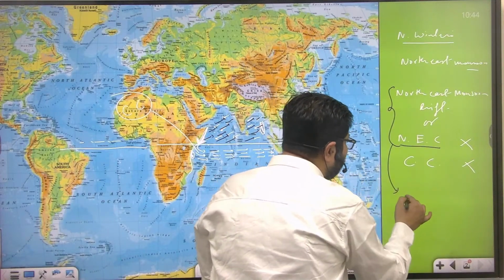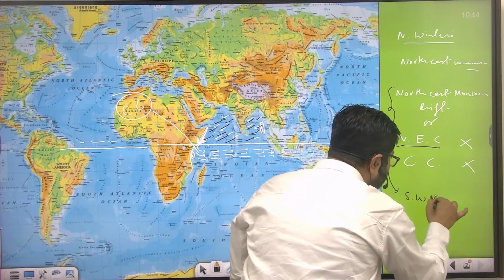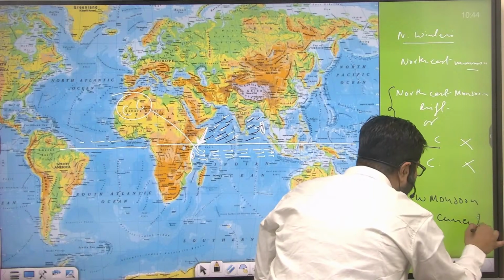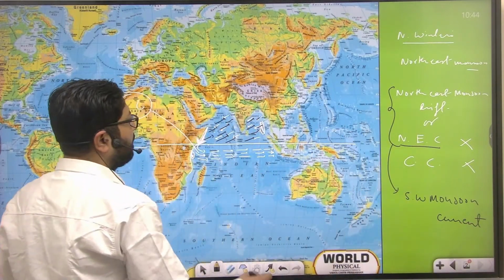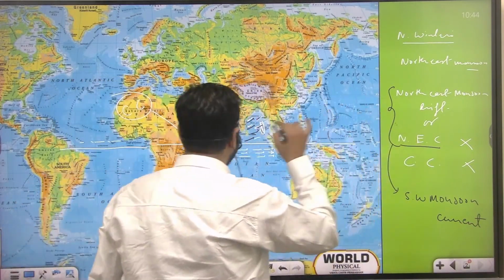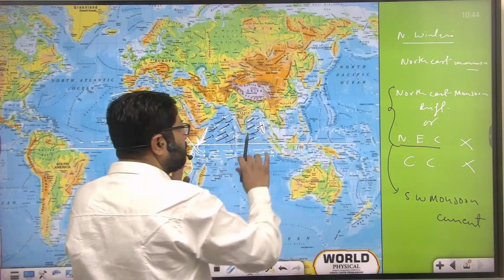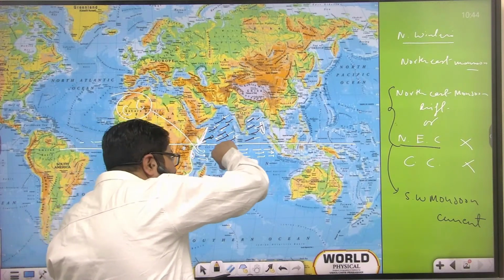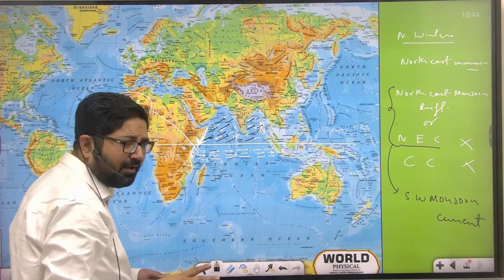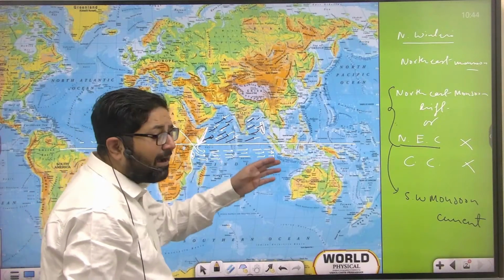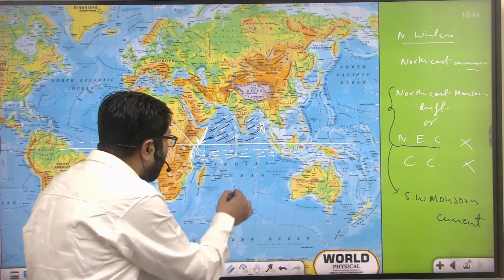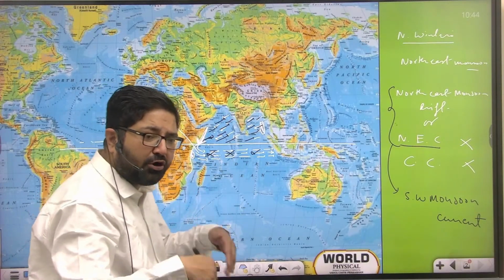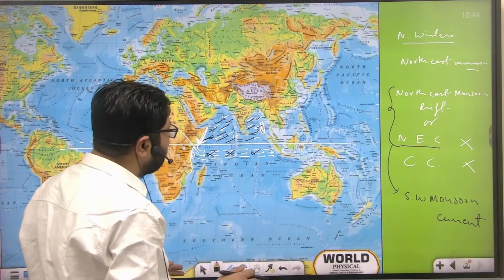It is replaced by southwest monsoon current, which is strong. It was the water of northeast monsoon that was contributing to counter current. When northeast monsoon current has itself disappeared, counter current also disappears. During northern summer, it completely disappears.